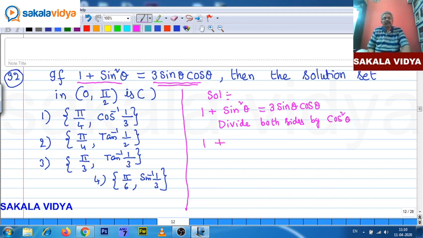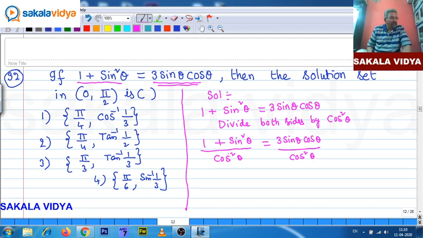We can write 1 plus sin square theta upon cos square theta equal to 3 sin theta cos theta by cos square theta. Okay.